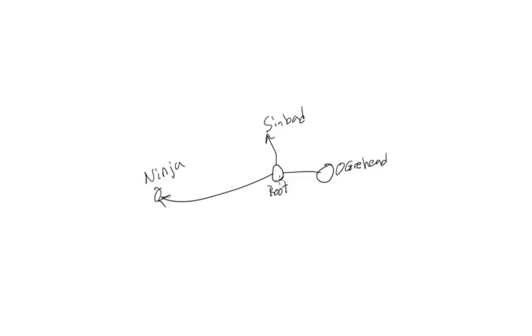So this is my root node, and all of these nodes are attached to it. That's the ogre head here, then one of the Sinbads, I placed the ninja node here, and then the other Sinbad here, and then I also have another Sinbad standing there.